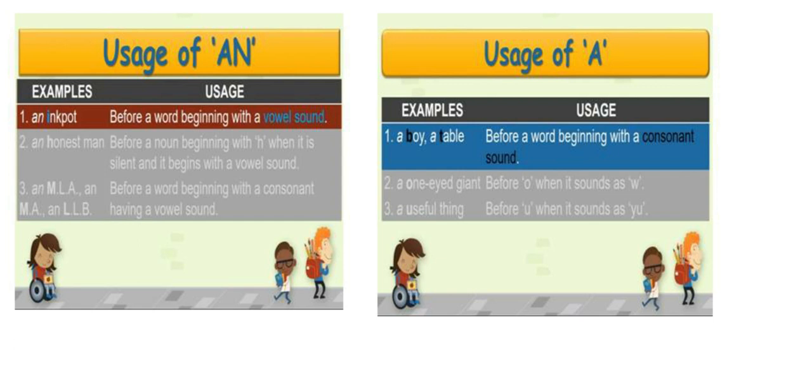In the same way, a useful thing. A is used before U. Again, U is a vowel here, but it is starting with a consonant sound Y. So, we use a useful thing, a university. Can you understand? So these are the things we have seen in part 1.